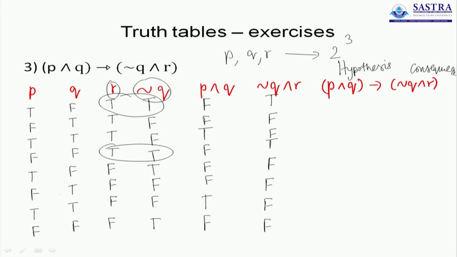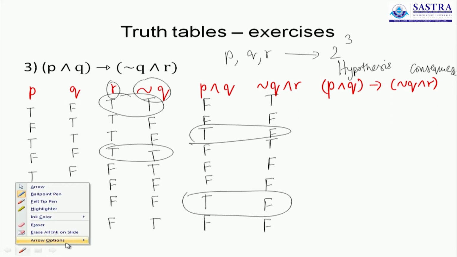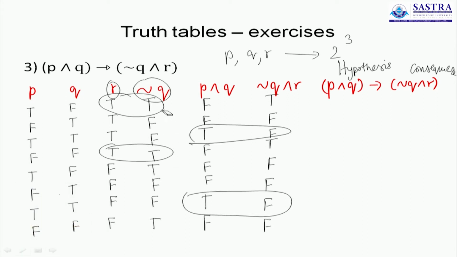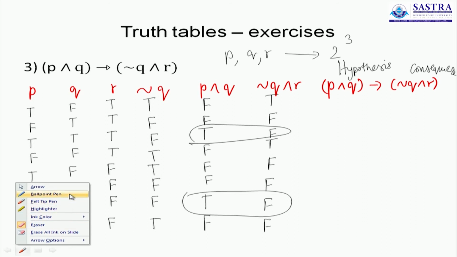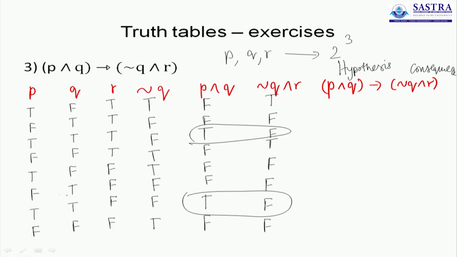Would you like to take a moment to look at the table? I'll give you 30 seconds. Yes, you are right. Look at rows 3 and 7. I'll delete the others. You can easily identify that the hypothesis is true in both cases and the consequence is false in both cases.